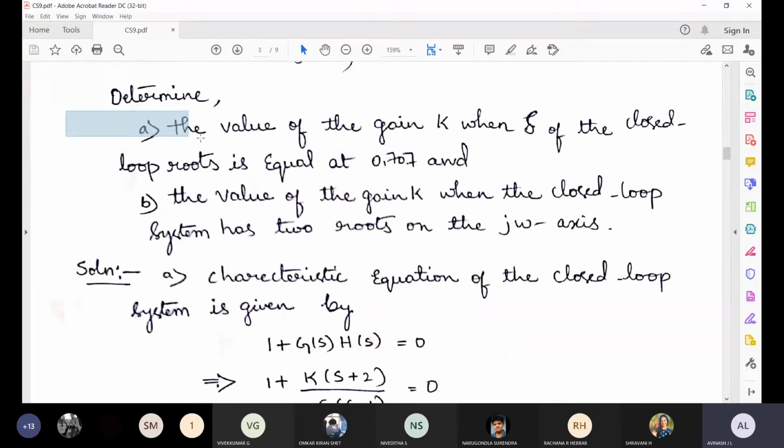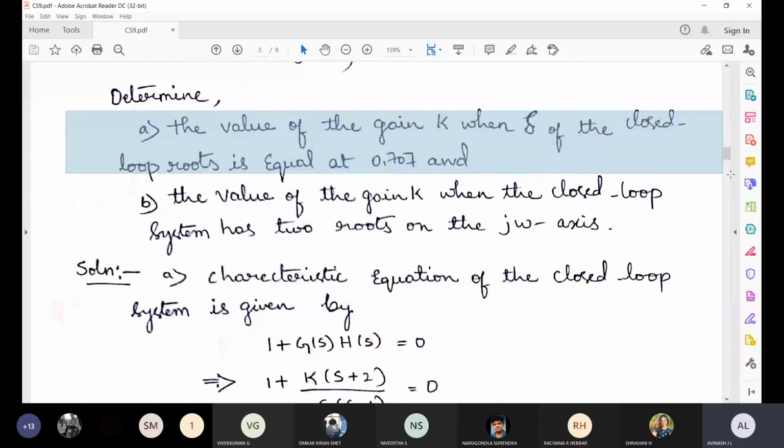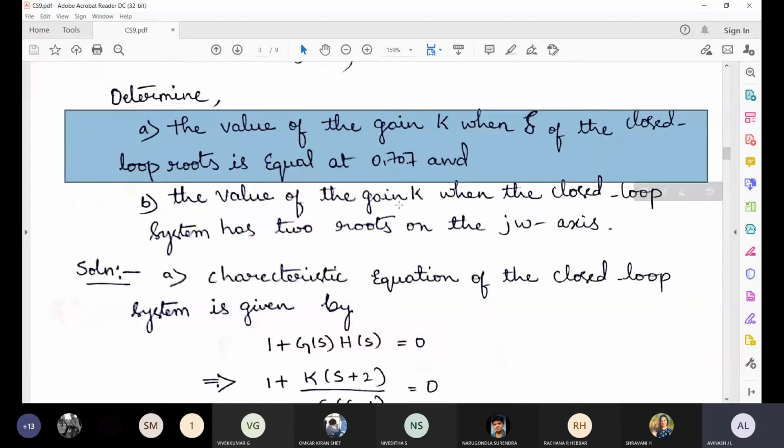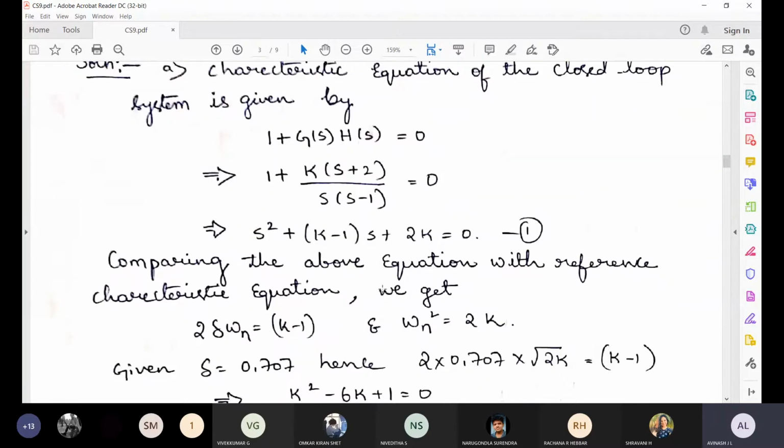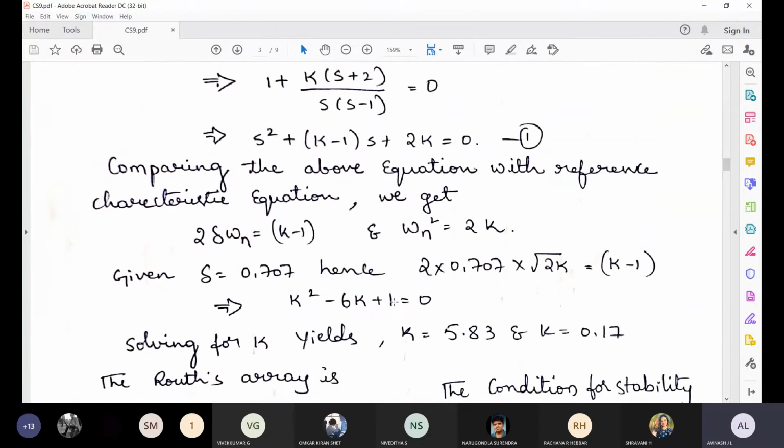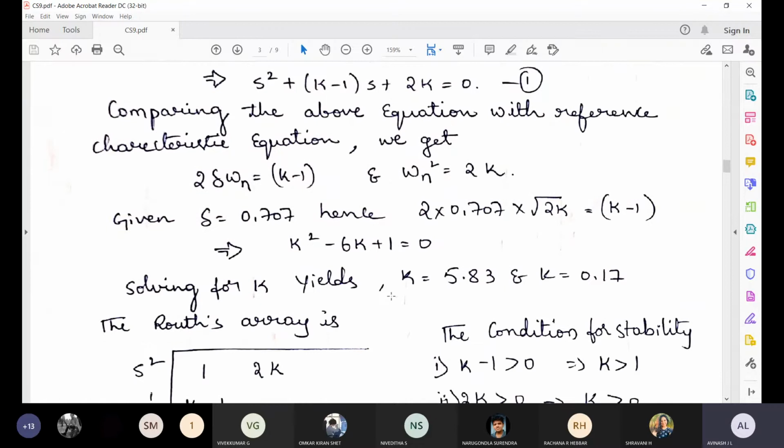So now two numericals are being clubbed together. In the third module we studied time domain specifications and the second order system. That second order system we have considered here also, and we have found out the value of k. k square minus 6k plus 1 equal to 0 is a second degree polynomial.